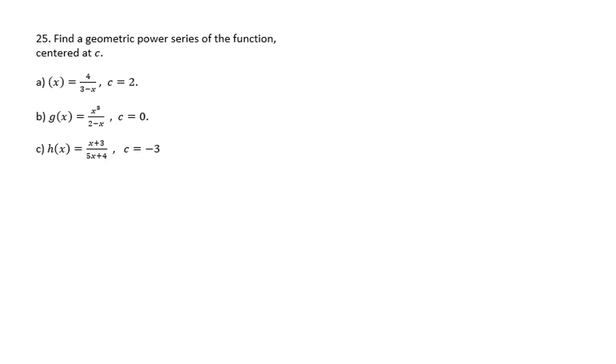Find the geometric power series of the function. Oh, there's an f missing here. So here, what you're trying to do is use a over 1 minus r, which is a plus ar plus ar squared plus ar cubed and so on.